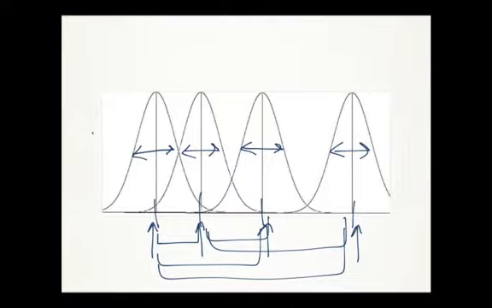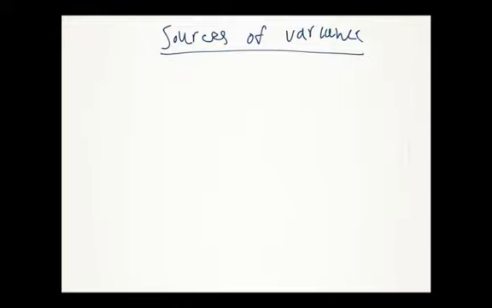Okay, so let me just write that out to emphasize the point. So we were looking at sources of variance. Okay, there are going to be two sources. There's going to be the within group variability, okay?